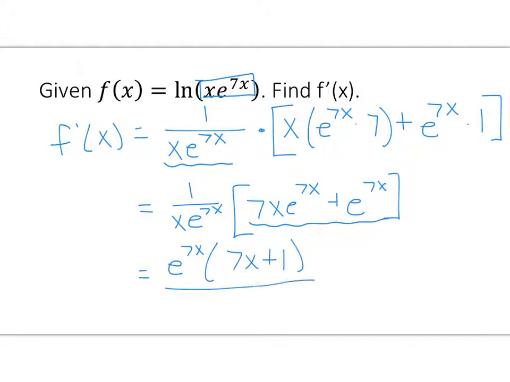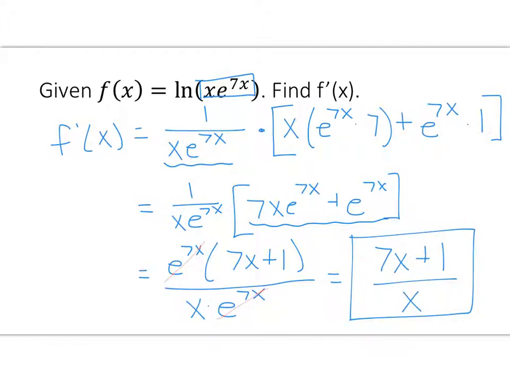And that's over, because it's 1 over, x times e to the 7x. So now I can simplify. My e to the 7x and my e to the 7x is just equal to 1. So this derivative is equal to 7x plus 1 divided by x. Not nearly as scary looking as what it could have been if we hadn't simplified.